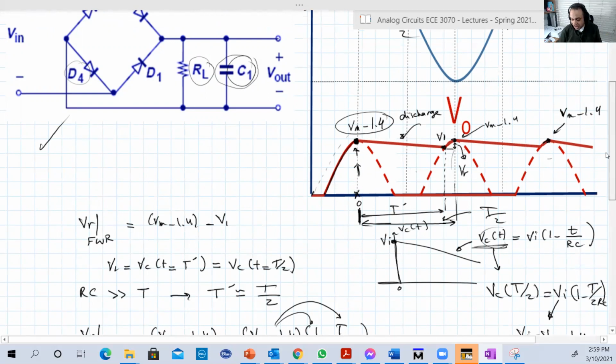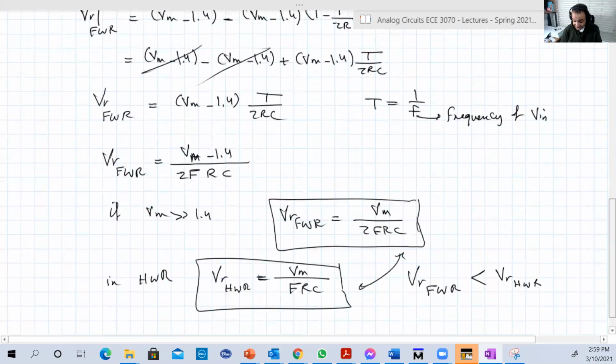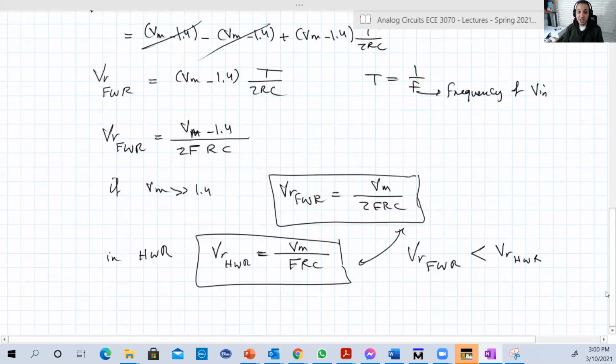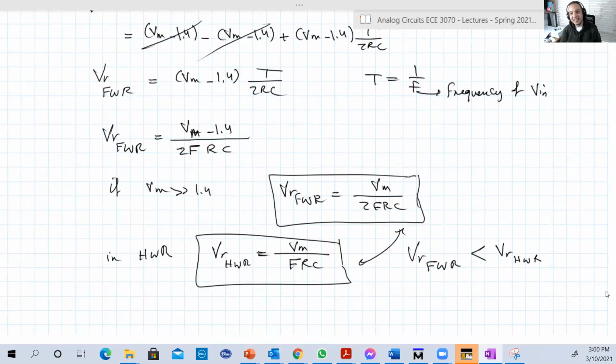That's basically the case in the full wave rectifier. The full wave rectifier has half of the ripple of the half wave rectifier, which is good. So that's another aspect why the full wave rectifier is much better than the half wave rectifier.